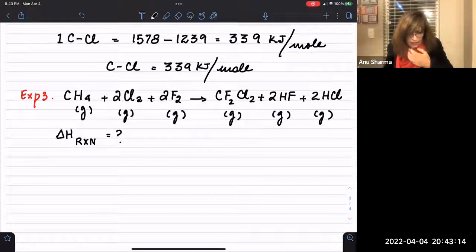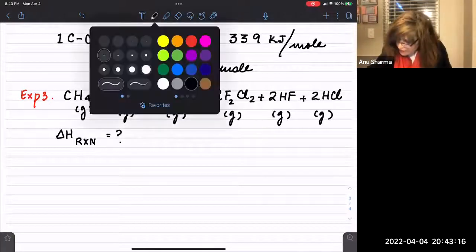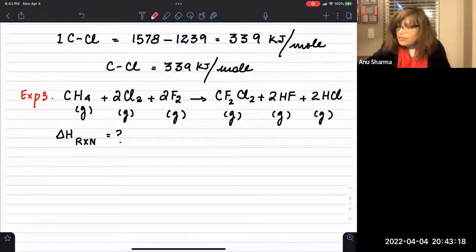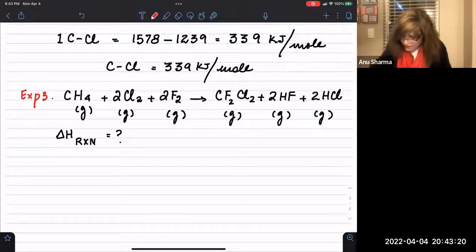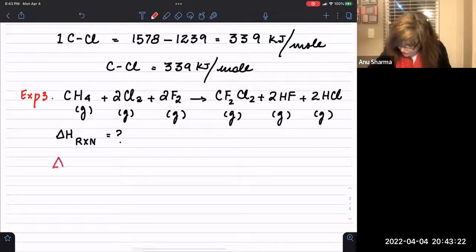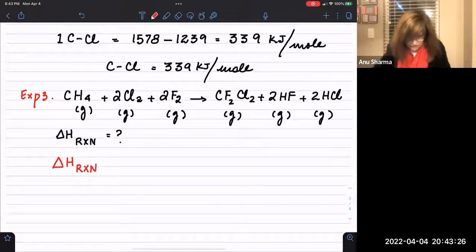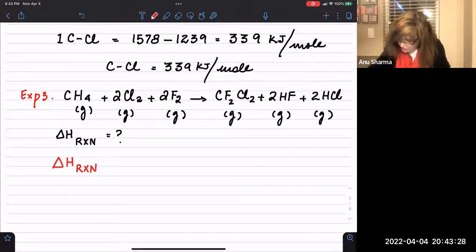Okay, now there is a formula that we are going to use. The formula is that the bond energy for a reaction, delta H for a reaction, is the bond energy per mole, kilojoules per mole, times the total number of moles.